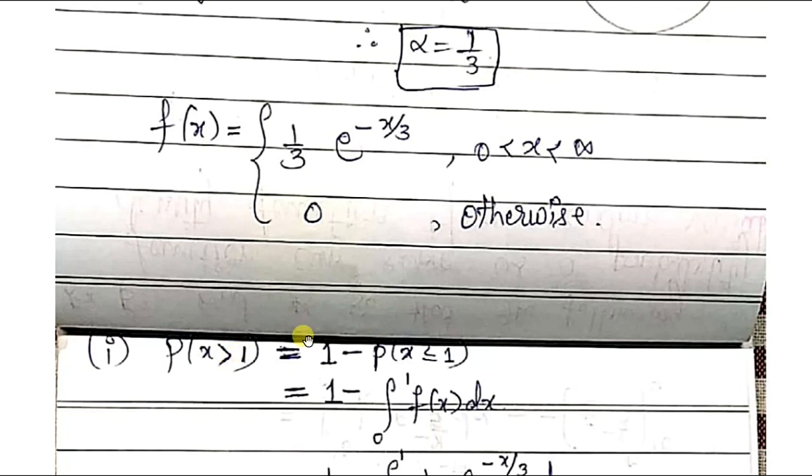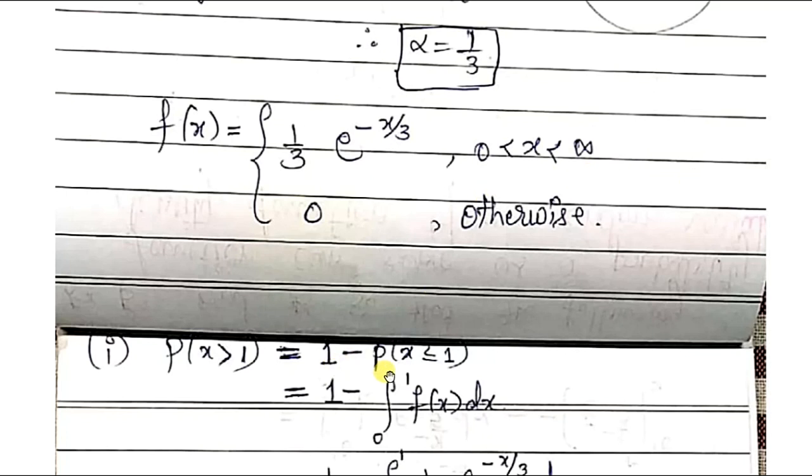If you don't include 1, how many numbers can you have here? From 0, 1, 2, 3, and so on till infinity. For x greater than 1, you can have many numbers, so it is not easy to find the probability for all of them.